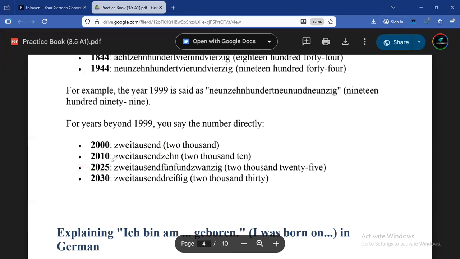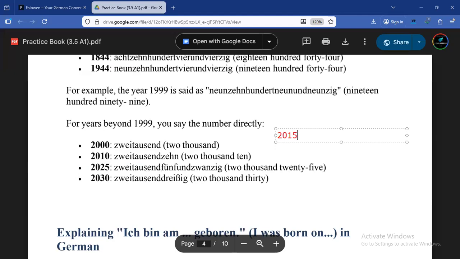2025, we say 5,025 is 25. And 2030 is going to be 5,000 rises, which is going to be 2030.